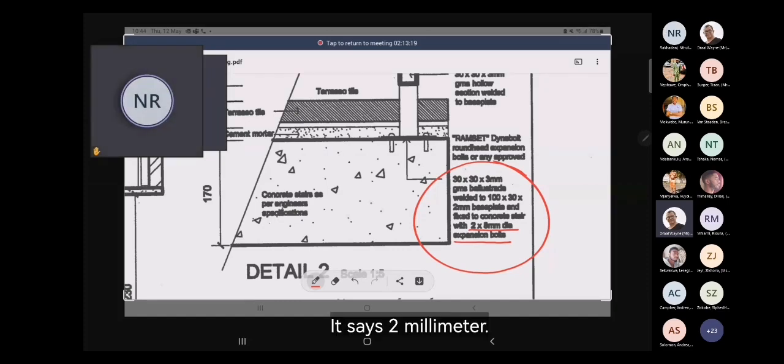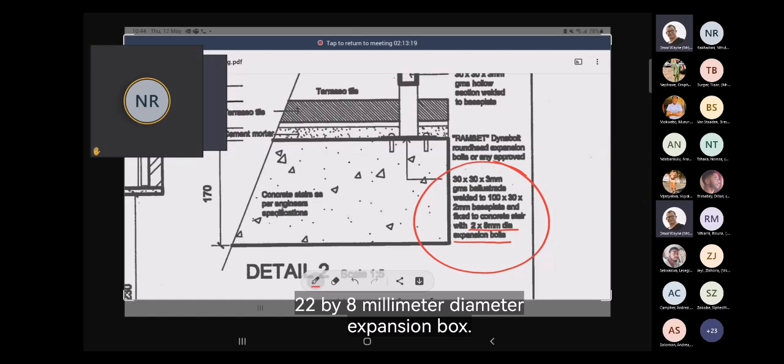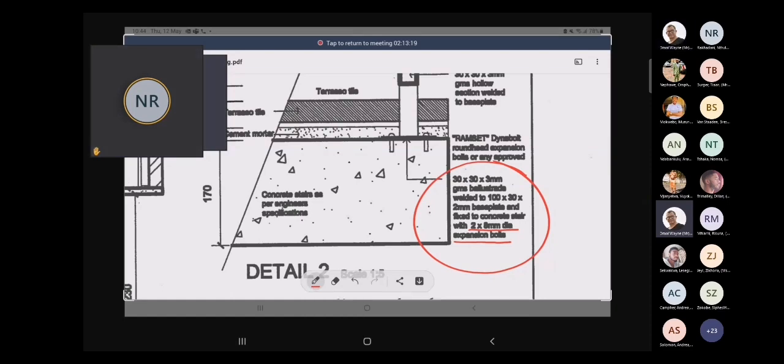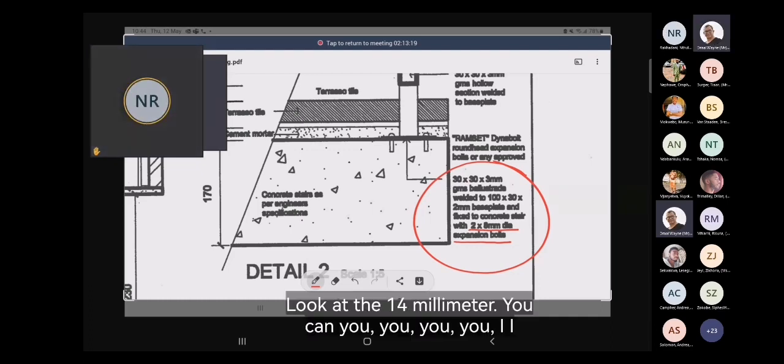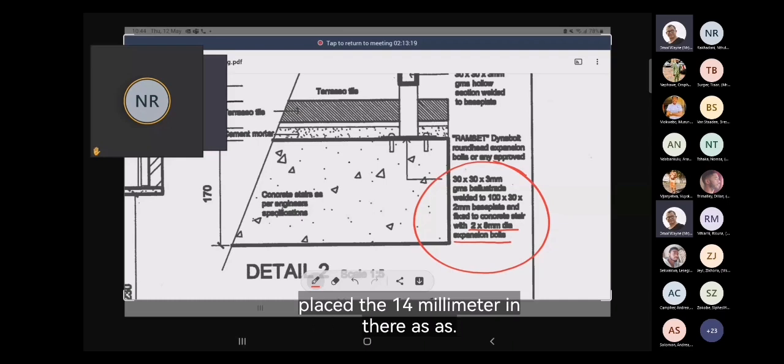It says 2 by 8 millimeter diameter expansion bolts, 40 millimeter long. Okay, the 40 millimeter, I placed in there as a length that I thought it should be.